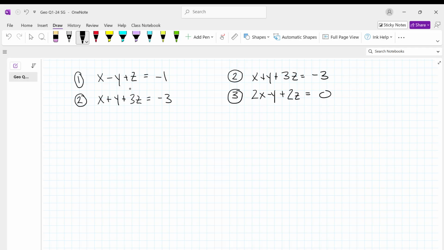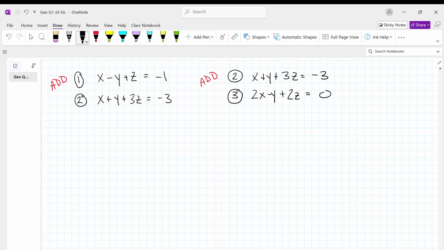All right, so if we look at these equations now, we've got a negative y and a positive y in equations 1 and 2, and a positive y and a negative y in equations 2 and 3. So since we have opposite signs in front of a variable, we can add in both. So we're going to add these together, and we're going to add these together.